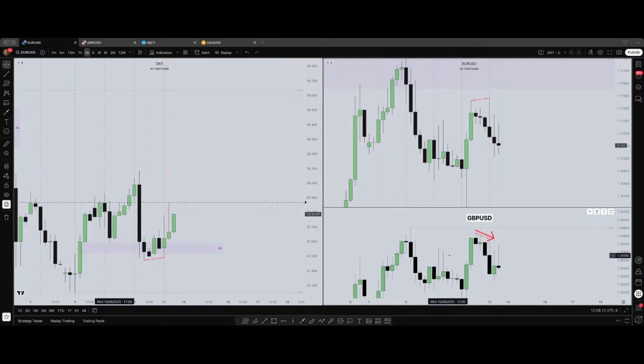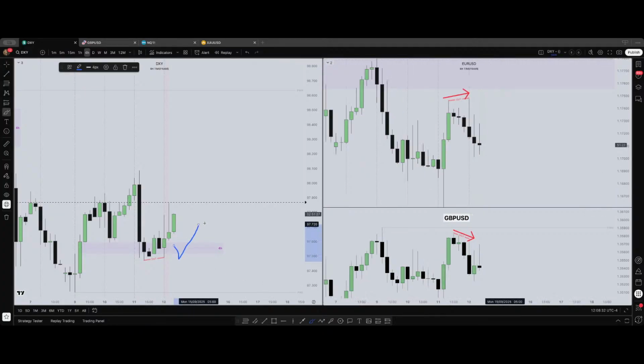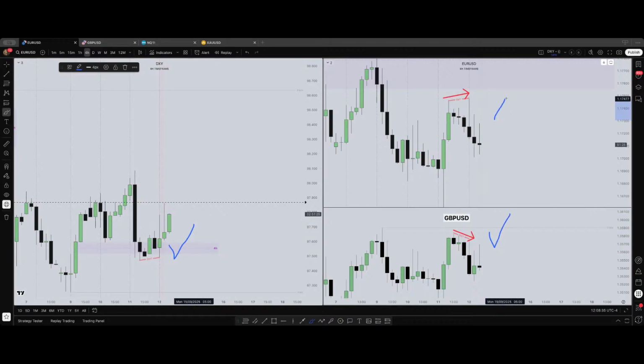That's a good symmetry, good correlation. As you can see, Euro USD didn't. It made a higher high. So we can say this was correct, but this was doing something wrong. And it's not wrong, it's just manipulation for a short period of time.